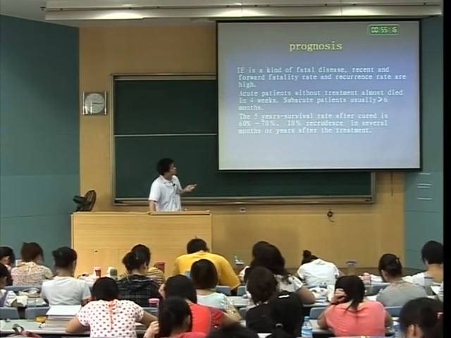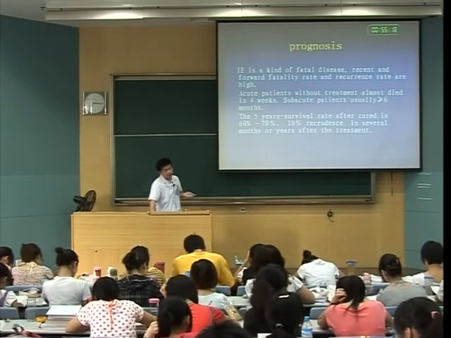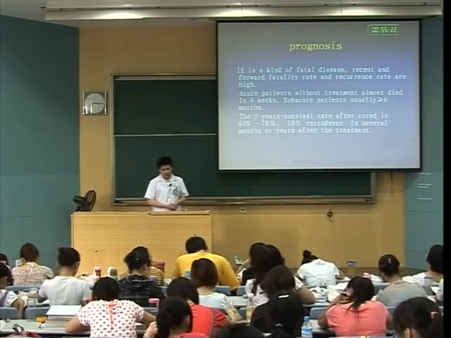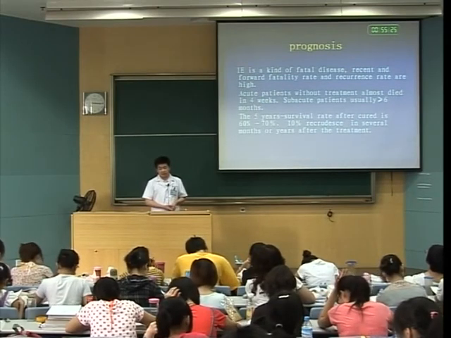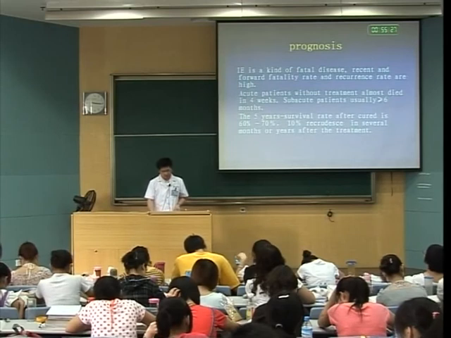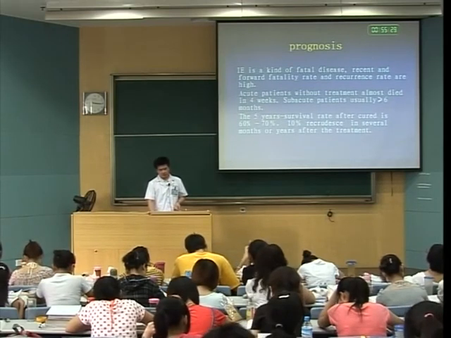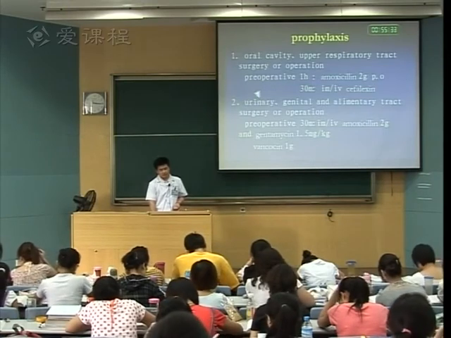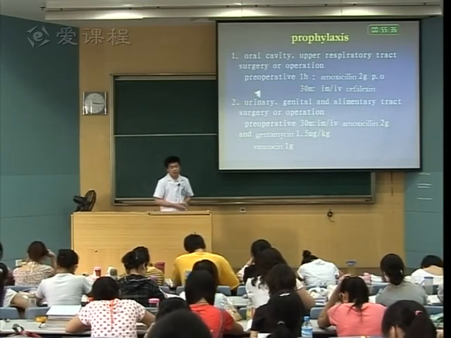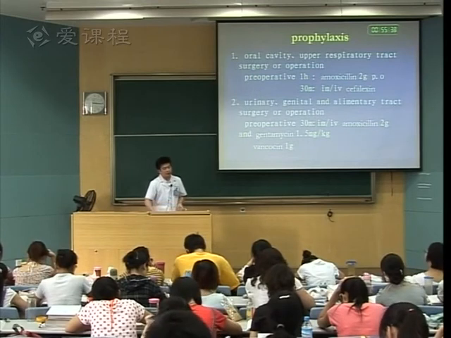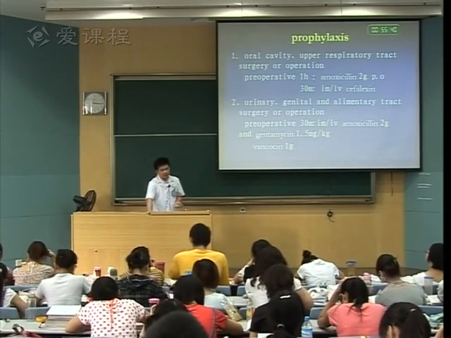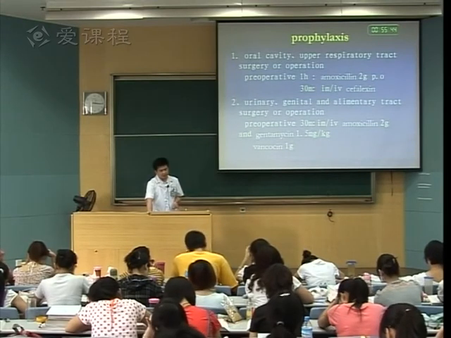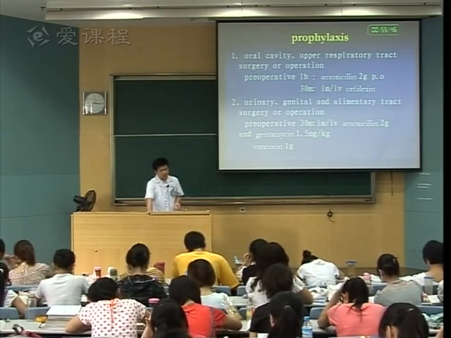The 5-year survival rate after cure is 60 to 70%. 10% recur in several months or years after treatment. So on one hand we need to treat the disease. On the other hand, we need to protect patients from recurrence.